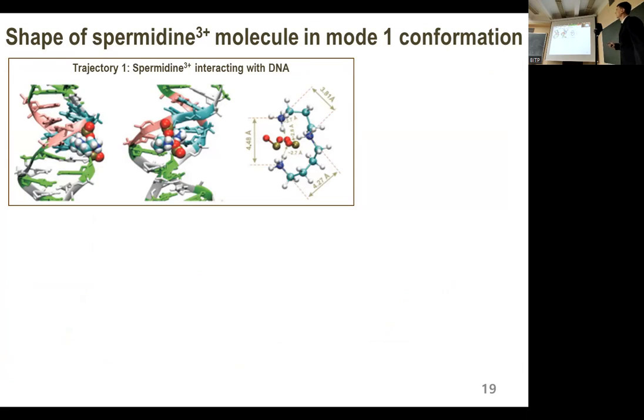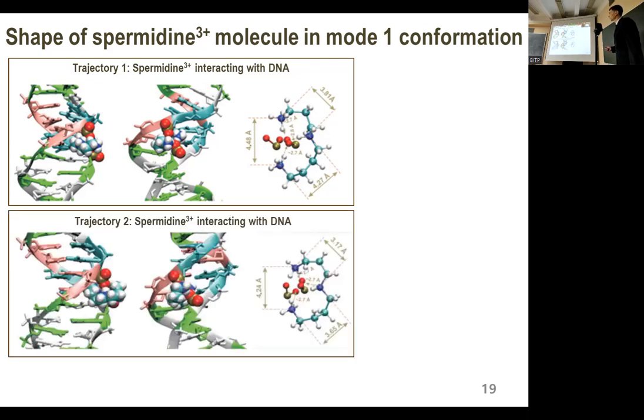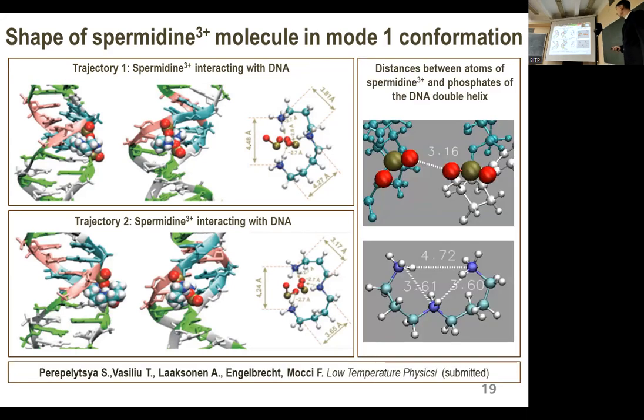If we analyze the structure of this system, we found that in this case, the oxygen atoms of different phosphate groups of different strands are very close to each other, and the polyamine hugs these oxygen atoms. You can see that this is in the case of trajectory 1, and the same we found in the case of trajectory 2. This is an independent trajectory, and we found the same complex, so it repeats. In this complex, we have a very short distance between two phosphate groups, and this structure is stabilized by the polyamine molecule.